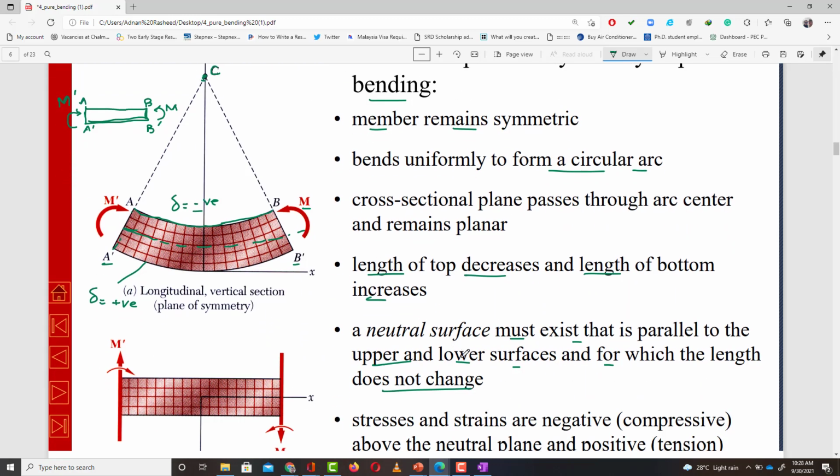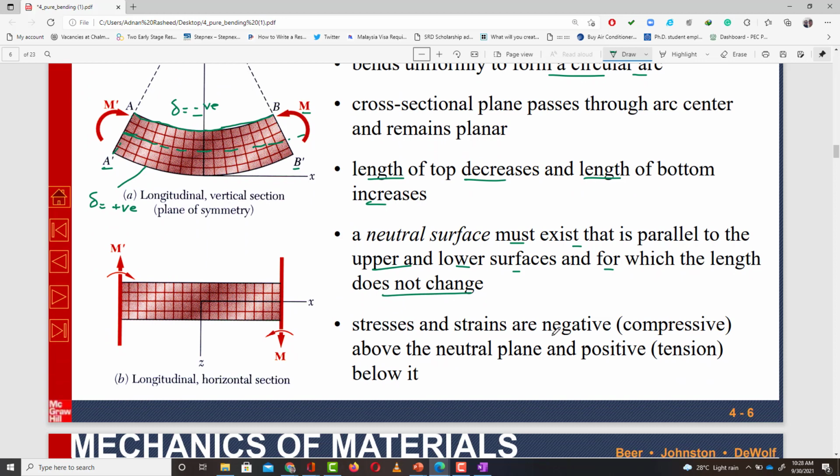Stress and strain are negative, compressive, above the neutral plane and positive below the neutral axis. So you can see here this is the neutral axis. Strain above the neutral axis is negative, so the stress will also be negative, that will be compressive.